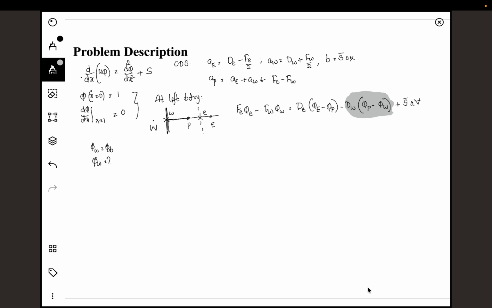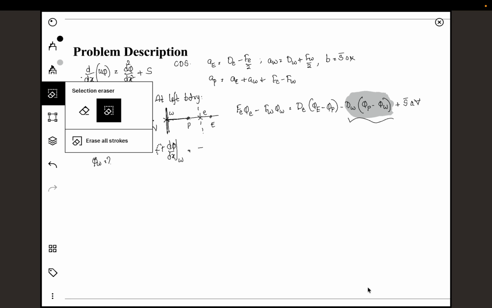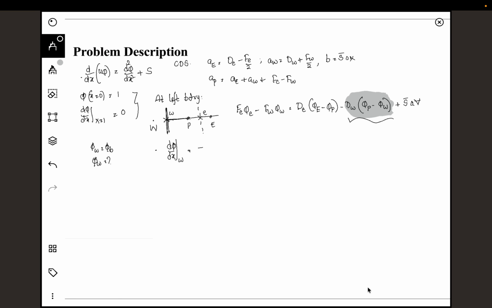How do we do this? We have to change this. This equation is derived by assuming that we are doing it for an entire cell. If you recall how we got this equation, we have some term like this, and we wrote it as gamma A times phi P minus phi W by delta x. This is what we did before, but this is not possible now because we have this W point outside the cell.